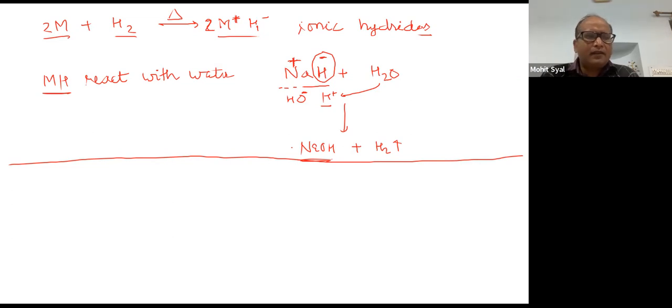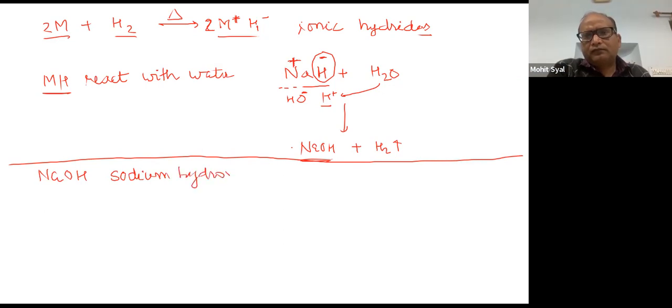Right now, there are certain compounds of these alkali metals which you have to remember. These compounds are NaOH, which is sodium hydroxide. And what is baking soda, which we use to make cake?